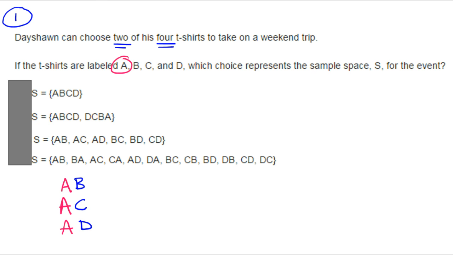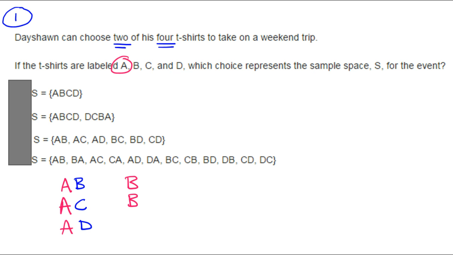Now how about possible ways if shirt B is one of the shirts? Well, we already have one right there. So we could have shirt B with shirt A. We've already got that.